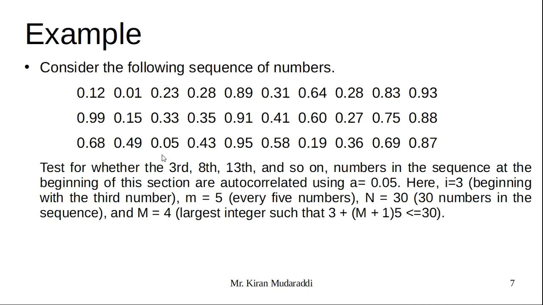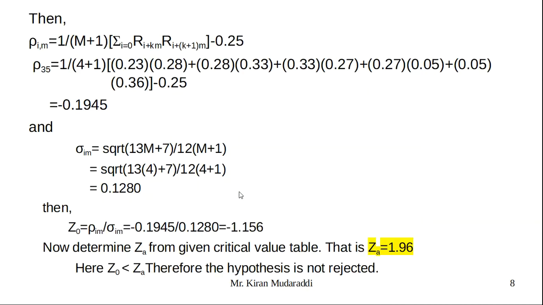The m value is already given, that is 4. So the square root of (13 into 4 plus 7) divided by (12 into 4 plus 1). If you calculate this, you will get the answer 0.1280.